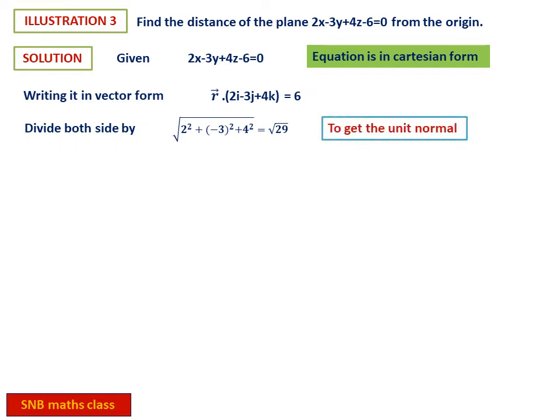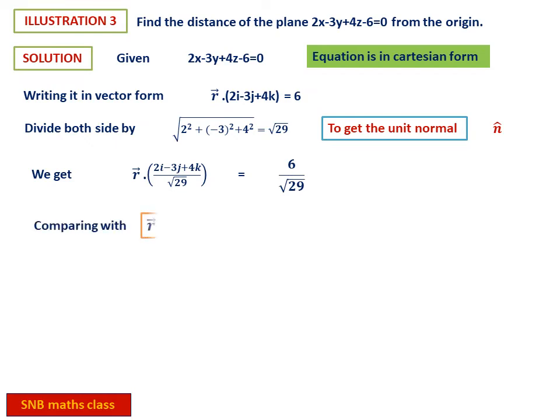So to get the unit normal, we get r dot 2i minus 3j plus 4k divided by square root of 29, equal to 6 by square root of 29.